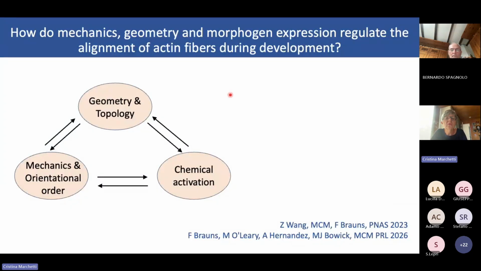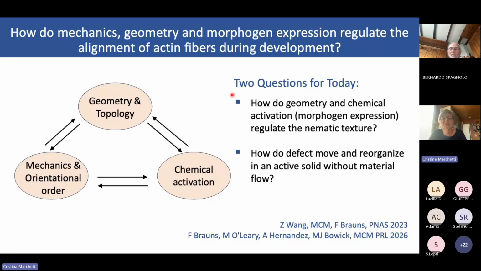So what I would like to do for today is try to address two first simple questions. First, I will look at a simple model that addresses the question of how geometry and chemical activation due to the morphogen interplay in regulating the nematic texture. So I'm doing one leg of this loop.